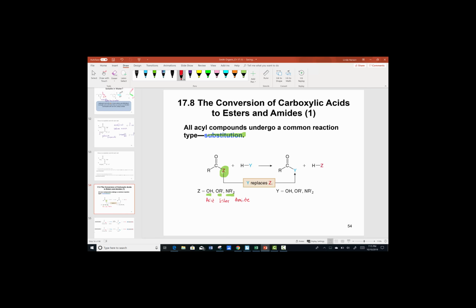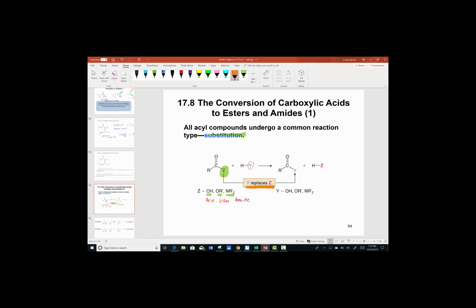In the presence of a reactant, we can substitute the functional group of the acid or the ester or the amide with something else. And the Y could be turning into an OH, OR, or NR2. The Y and the Z exchange places.